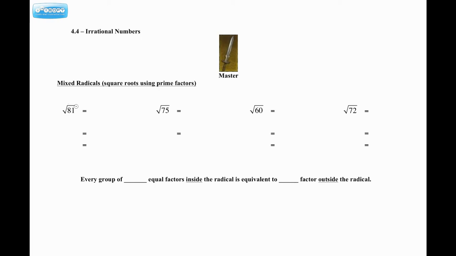First of all, I just want to look at the square root of 81. And we're going to use prime factors, at least to illustrate my point. If you were to take the number 81 and break it down using a prime factorization tree, you'd end up with the following: 3 times 3 times 3 times 3.